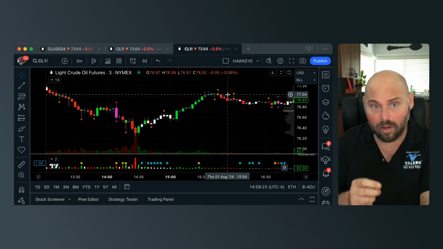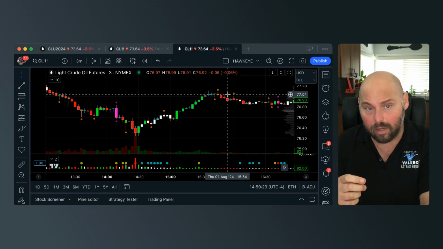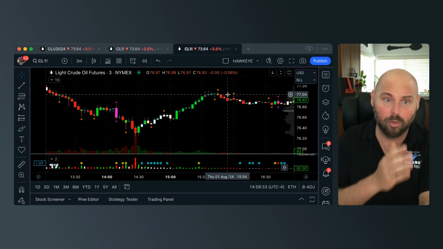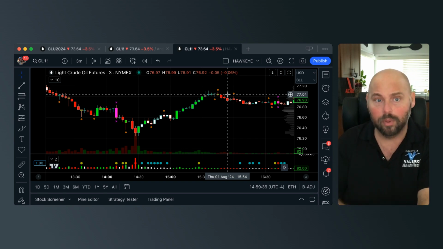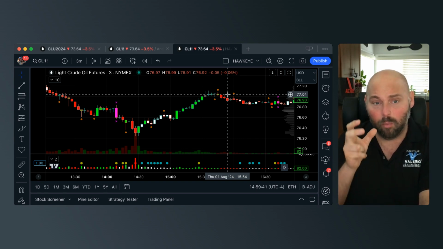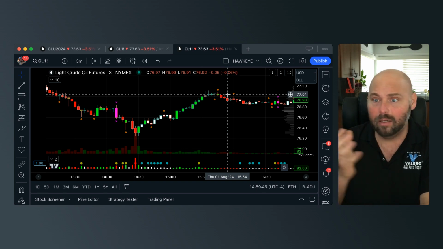Now, our Hawkeye volume will print on NinjaTrader, TradeStation, TradingView, and MetaTrader. You can trade your stocks, futures, forex, cryptocurrencies, and so on, but you must understand how these two interact with one another. And once you do, it really sheds light on what the market's doing, when, where, and why.